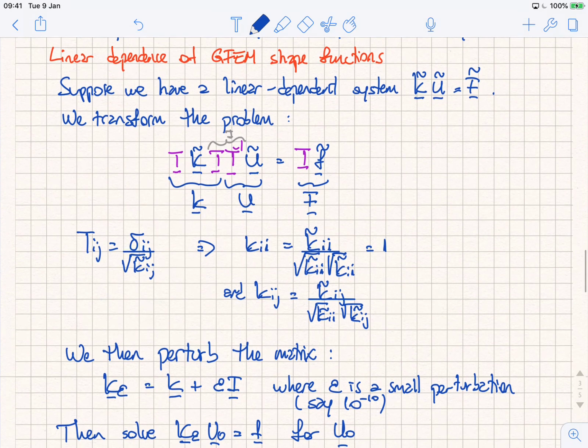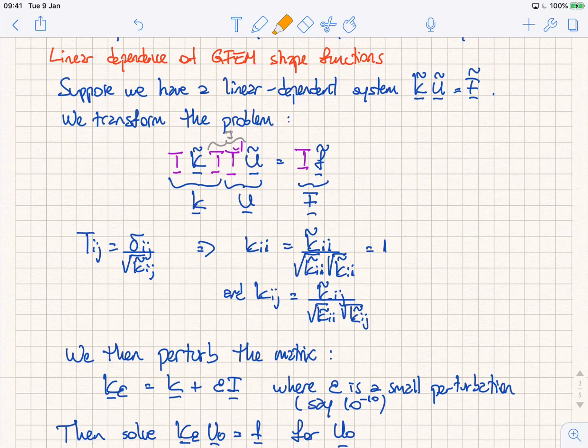Let's go through it again. The idea here is that we start with our original system, and because that K is singular, we cannot solve for it. And so what we do is we transform the system with this T matrix that is defined in such a way that the transformed system has all ones in the diagonal. Yeah.